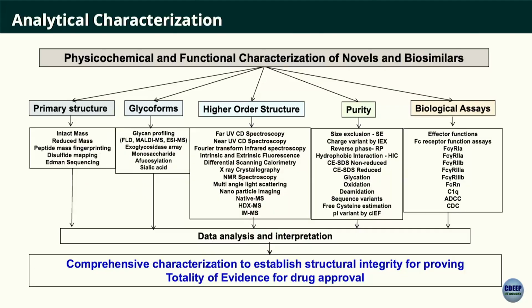Then monosaccharide analysis, fucosylation, sialic acid addition. Now people are also developing NMR based methods to identify what kind of glycans are attached and where they are attached. So along with mass spec and NMR, lots of things are being developed. That's the glycoform. You have to make sure that glycans are attached in the right amount at the right position, matching, say if you are making a biosimilar, your innovator product. So glycan analysis is again a very important aspect.